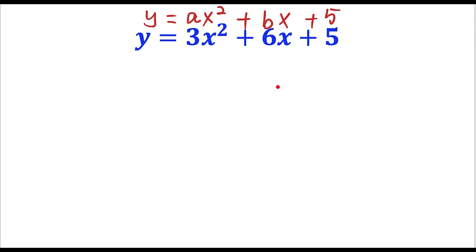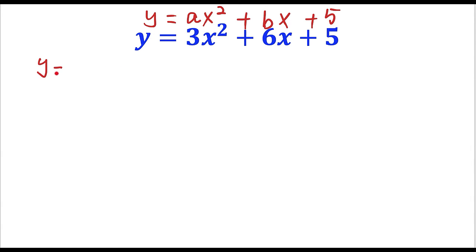This is the second example, y equals 3x squared plus 6x plus 5. Well, this is a standard form again, so ax squared plus bx plus c. How can we change this to a vertex form? It's the same thing, we do completing the square.